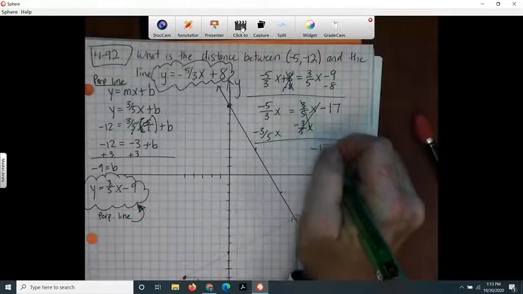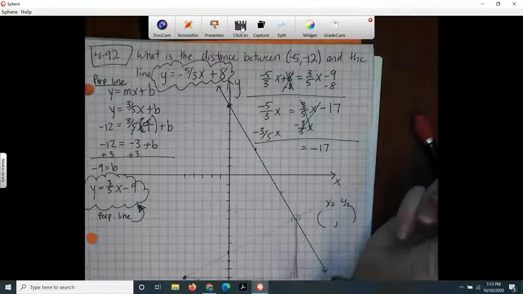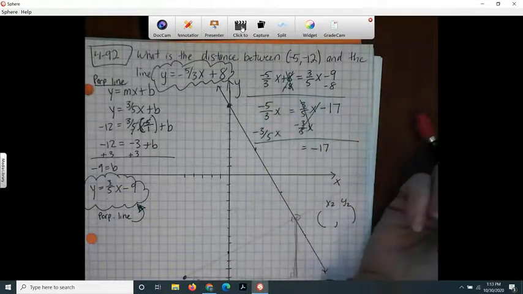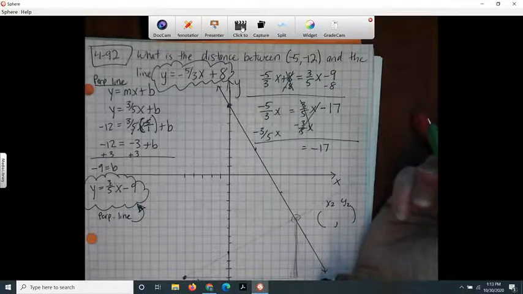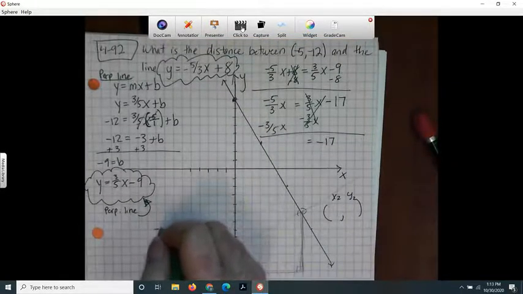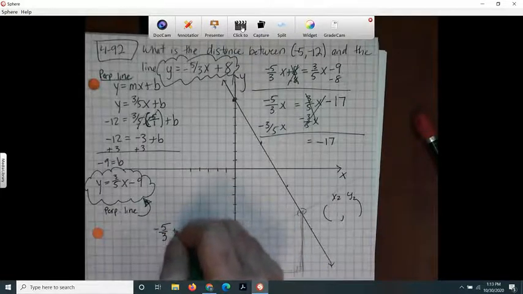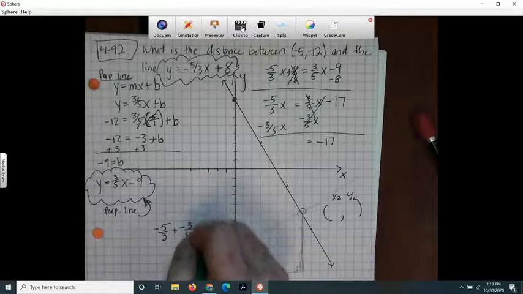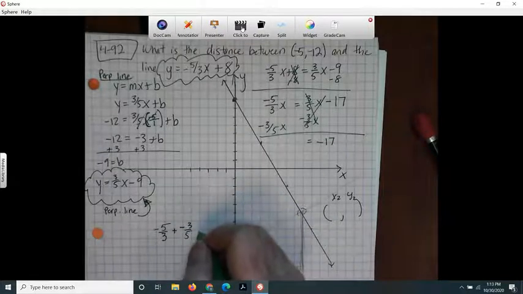Well, I have to do a little fraction math here. So I need a common denominator. So maybe I'll go down here and I want to find out what negative 5/3 plus a negative 3/5 equals. So I know my common denominator is going to be 15.